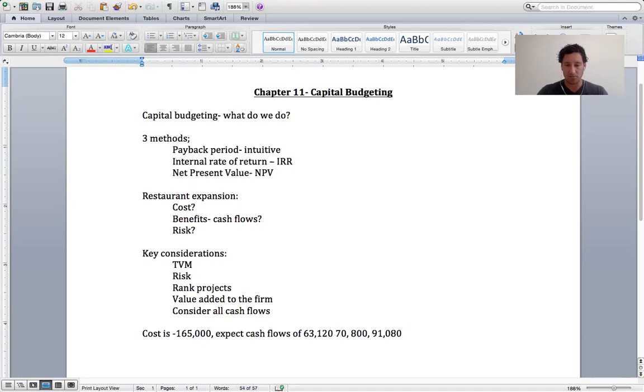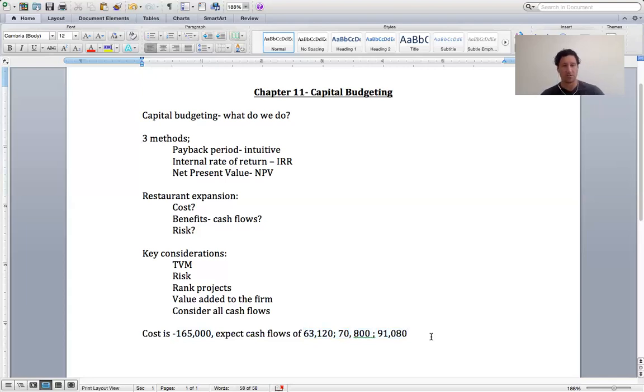So these are future cash flows at a year, 2 years, and 3 years respectively. Okay, so our initial cost today, and then these future positive cash inflows over the next 3 years.